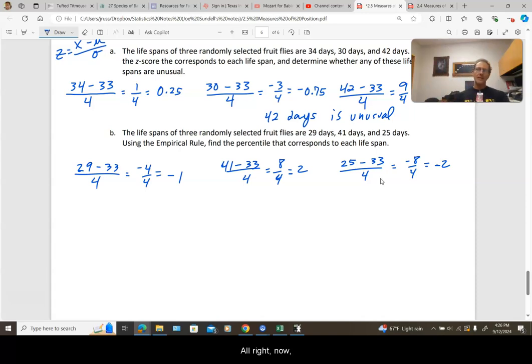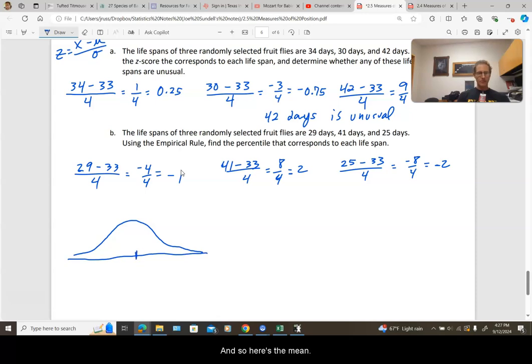All right, now before we can start trying to figure out what percentage of fruit flies lived fewer than 29 days, or lived less than 1 standard deviation below the mean, I like to draw a picture, okay? And I think this will help you guys out as well. So let's go ahead and just draw my bell curve here.